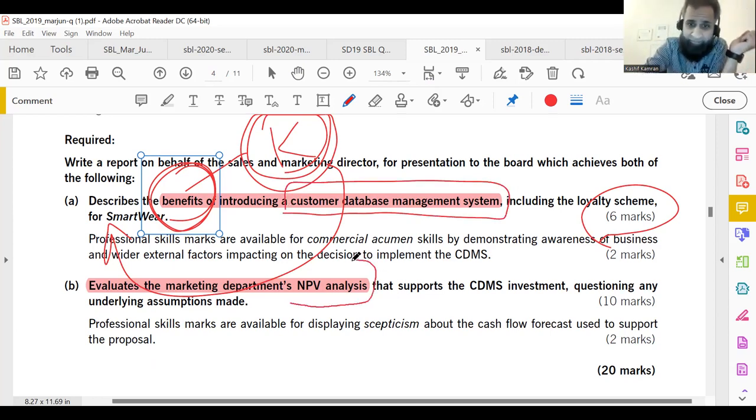NPV analysis. Again, you look at the term and you pick, oh, this is the topic. But tell me, strategic and ethical implication, what topic? Financial and non-financial implication, what topic? So at times you find 50%, 60% of the SBL paper where judging a topic, clicking a topic, relating it with a model is useless.